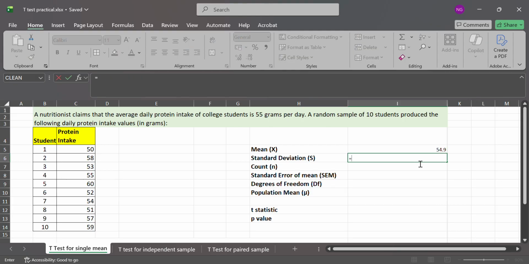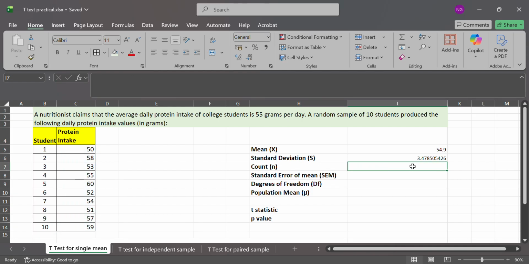Similarly we will calculate standard deviation with the formula STDEV, bracket open. Again we are going to select all the cell values, close the bracket, press enter, and make it to 2 decimal places only.